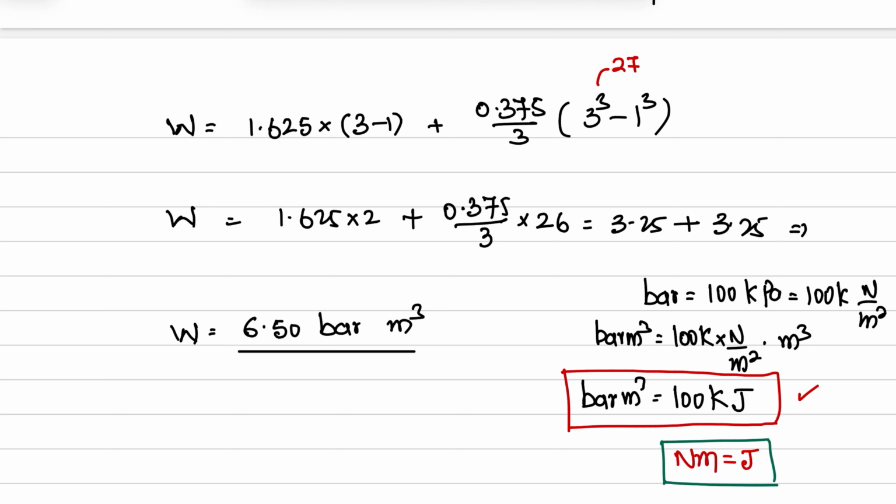Physics can be 50% of your problem solved when you know the units perfectly. Now, what will be the value of W? W is equal to 6.50 into 100 kilojoules. Why have we converted it to kilojoules? Because your internal energy is given in kilojoules. This is equal to 650 kilojoules.